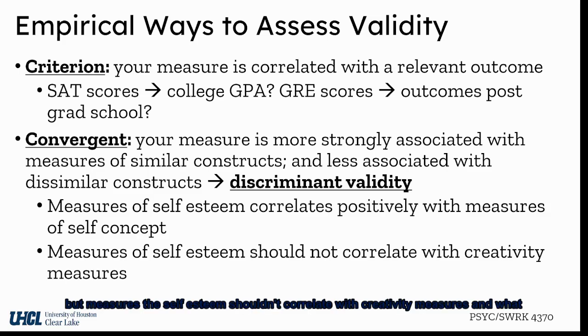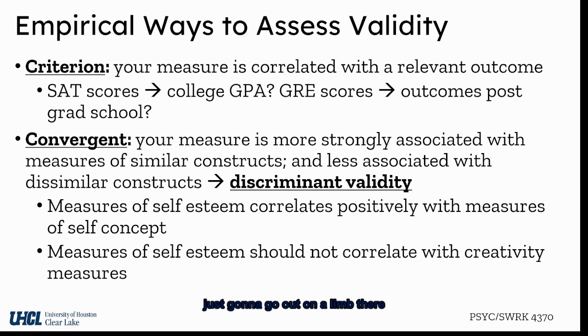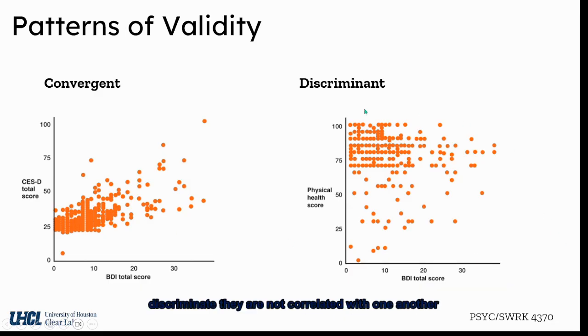But measures of self-esteem shouldn't correlate with creativity measures. And let's go to an extreme one here. Measures of self-esteem probably shouldn't correlate with your sleep quality. Just going to go out on a limb there. So you've got convergent validity and discriminant. You can see here convergent means things are coming together. Discriminant, they are not correlated with one another.